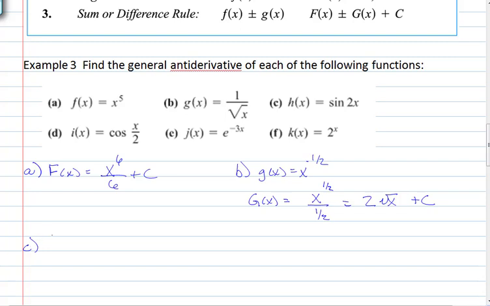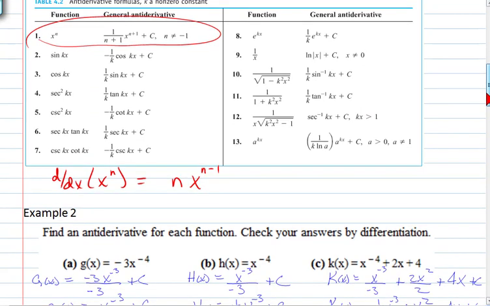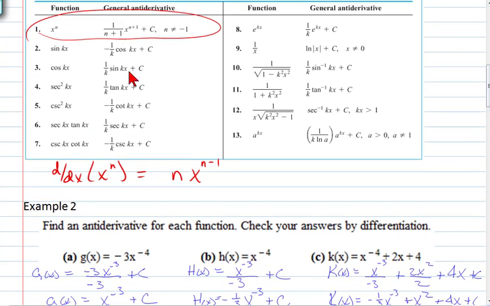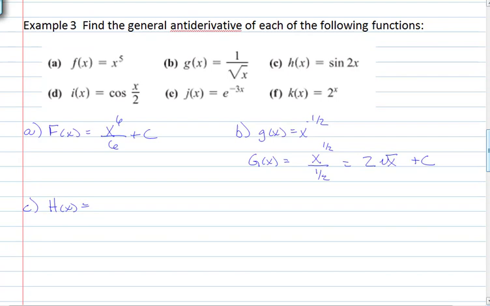C, we have h of x. The antiderivative. If we have a constant here in our angle, this goes back to the constant multiple rule, or actually it's on our shortcuts. We have negative 1 over k cosine kx as the antiderivative of sine kx.